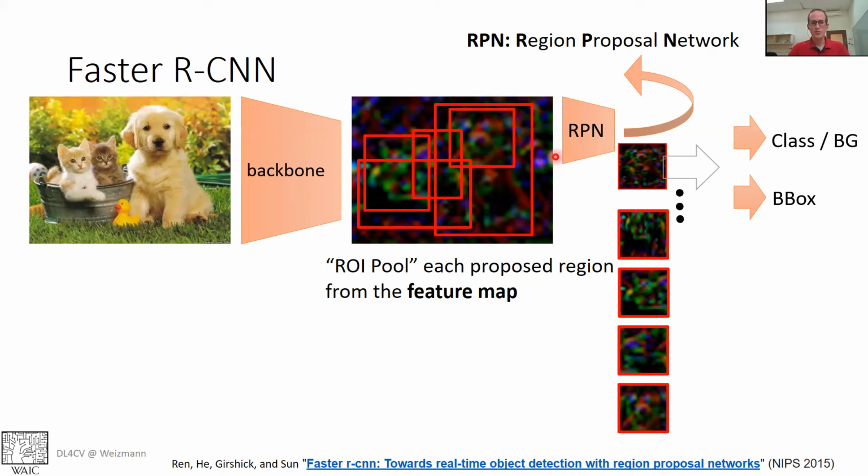After the region proposal network proposes this region, there's a region of interest pooling layer that does the cropping, and this is where it crops and resamples the regions. We'll not get into it, but it's an important component of this method.